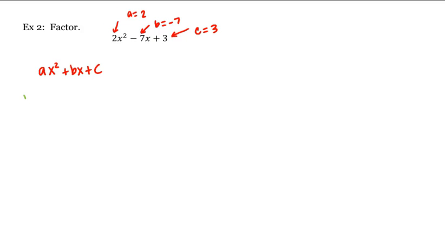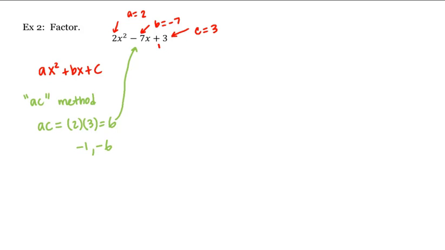Let's apply this AC method that was just described. What we do is we multiply a and c together, so it's 2 times 3, which is 6. And we want to look at factors of 6 that will add together to give us our b, or negative 7. And we find that the factors would be negative 1 and negative 6.